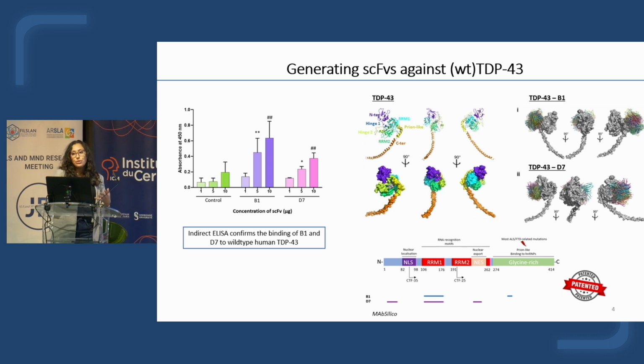Given that there's no 3D model for TDP43, we used a predictive in silico technique to look at how these scFvs were binding to TDP43. What was found was that B1 bound predominantly to the RRM1 region and glycine-rich regions, whereas the D7 scFv bound to the N-terminal and the RRM1 and 2 regions.